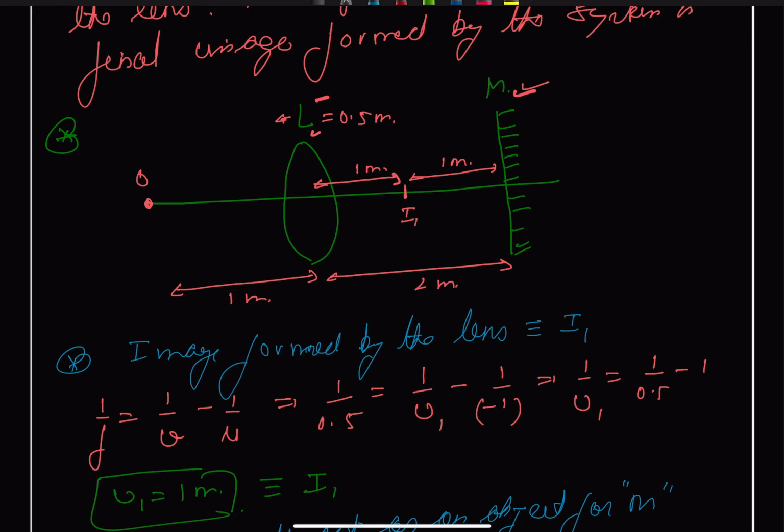Therefore, we are going to get an image that will be, let us suppose, our I2, and the distance from the mirror will be same, that is 1 meter.